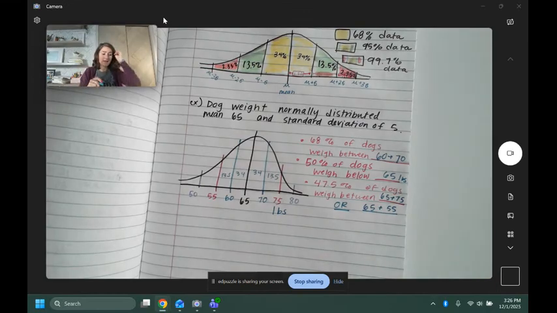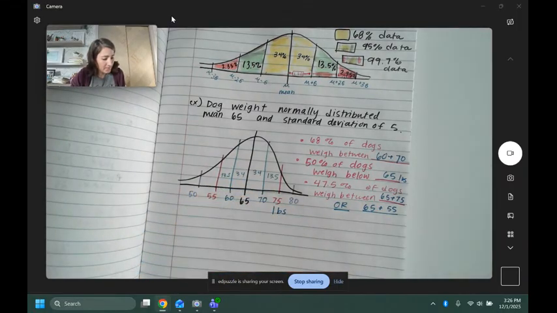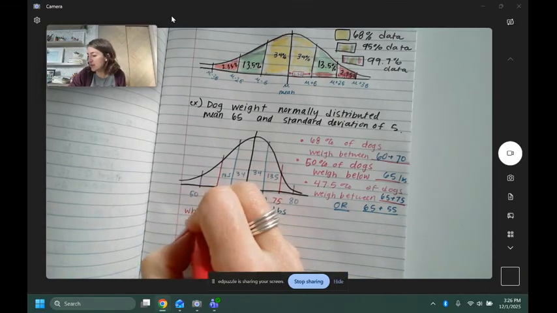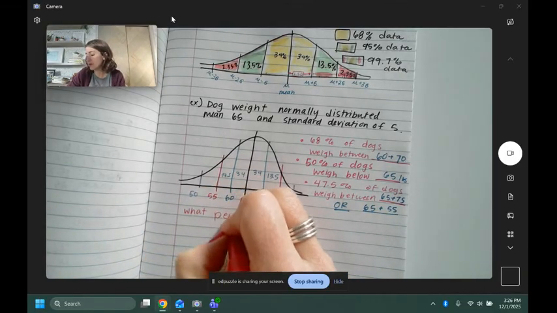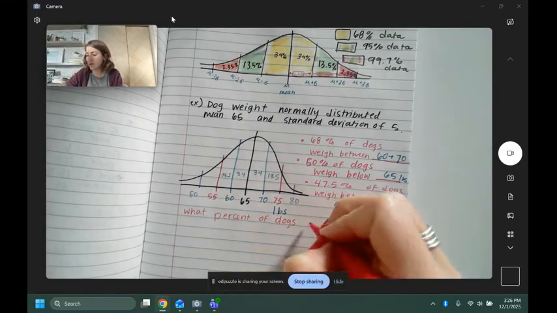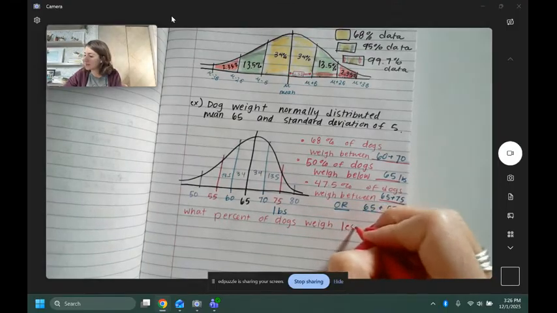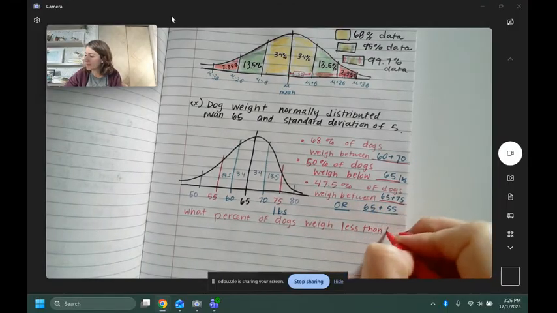All right, now let's say I wanted to do it backwards. So what percent of dogs weigh less than 60 pounds?